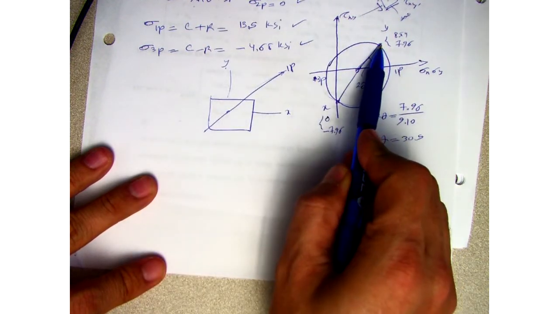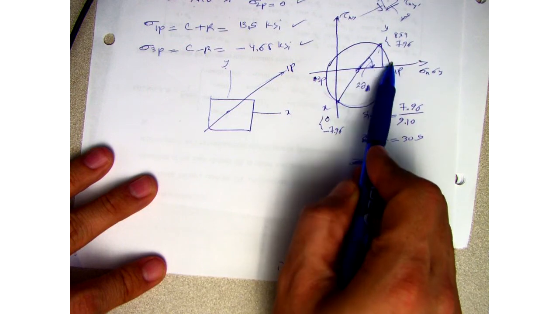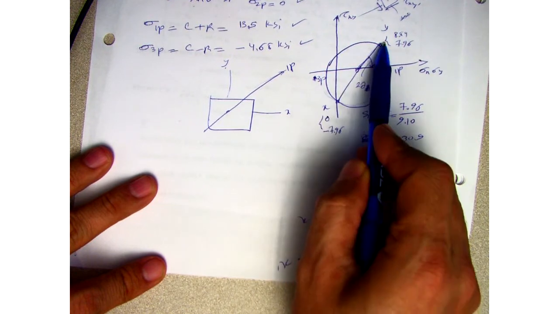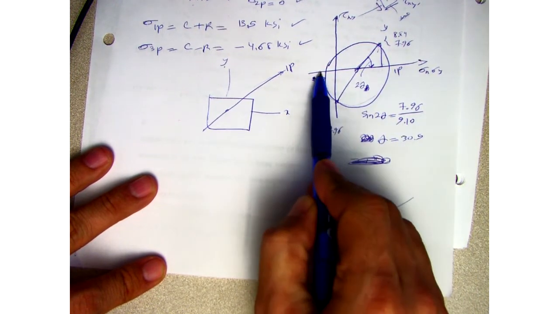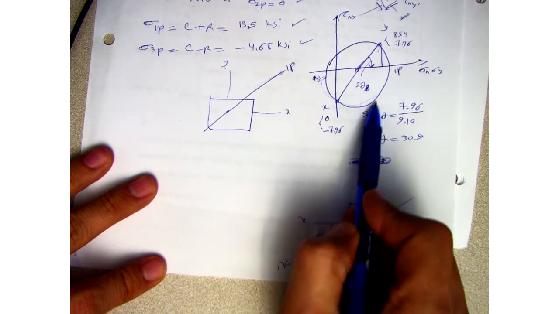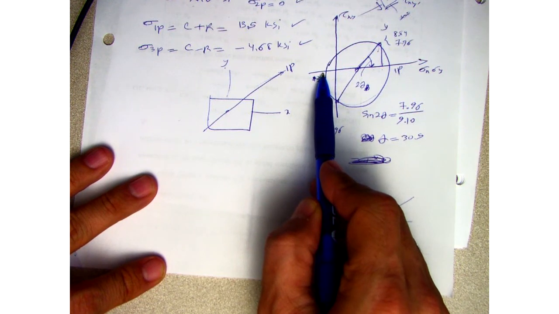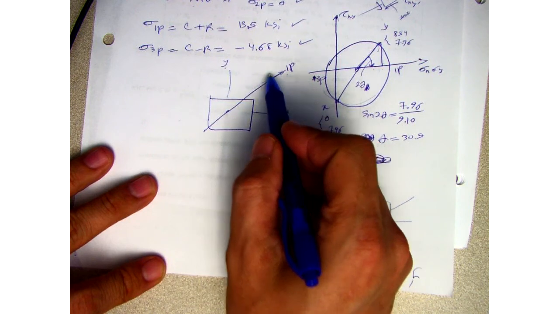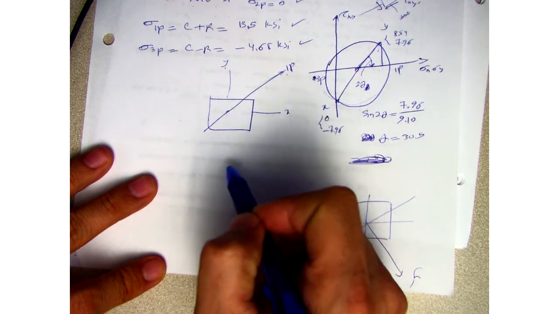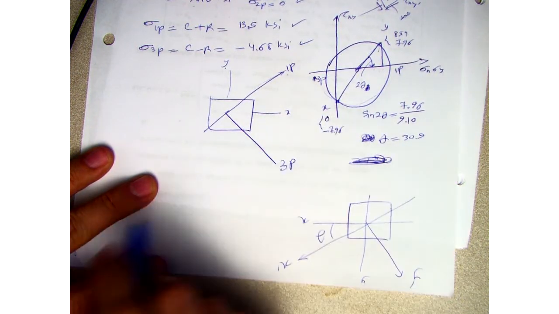If I keep rotating after I rotated 2 theta, 180 degrees on Mohr Circle, I'm going to get to my other principal axis. 180 on Mohr Circle means 90, so 1p rotated clockwise 90 degrees gets you to my other principal axis.